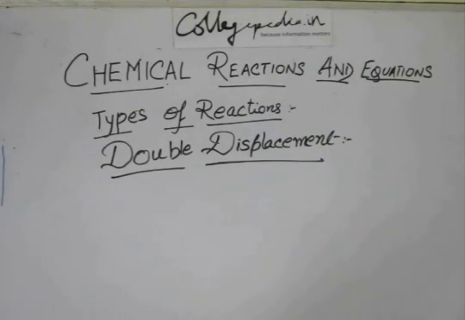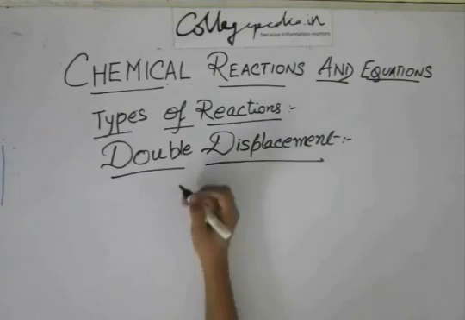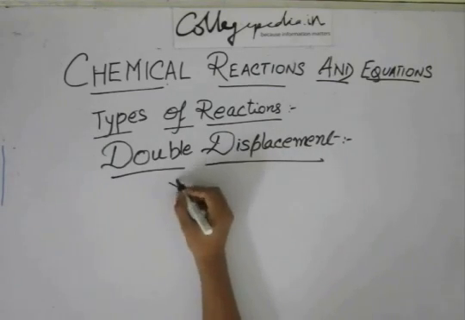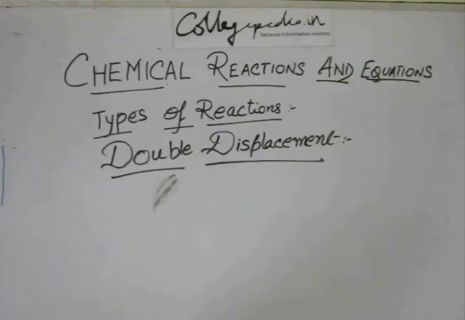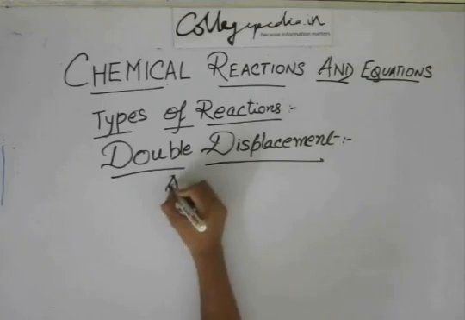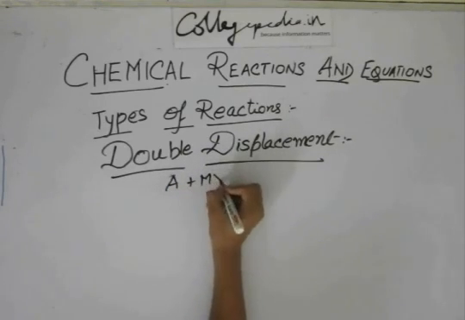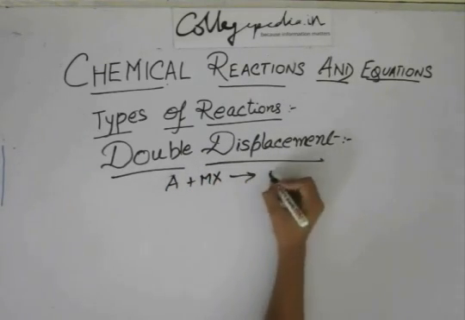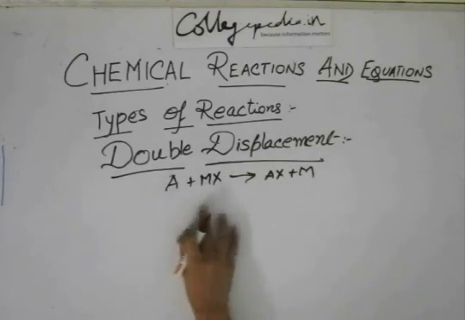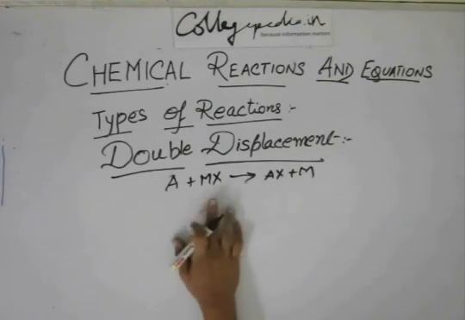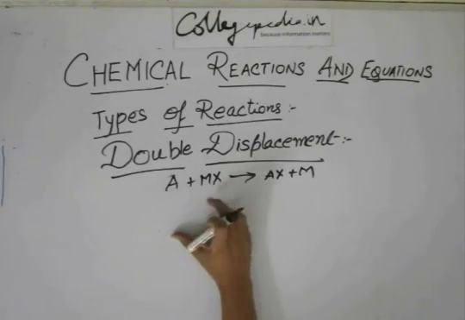Now in displacement reaction we had A plus MX giving AX plus M, where A was a metal, M was another metal with X as the radical, and MX was the salt.